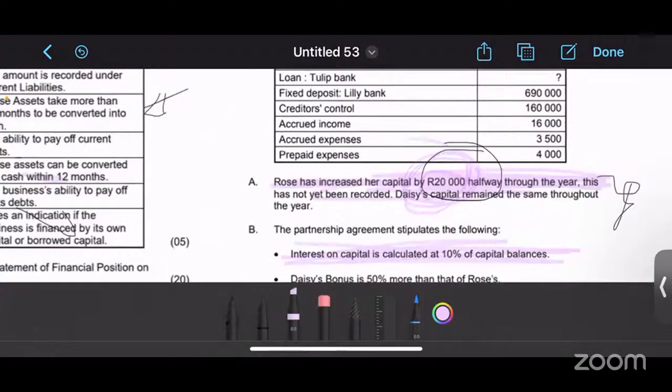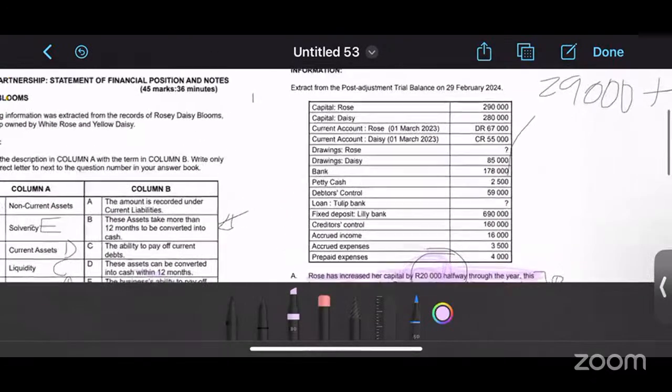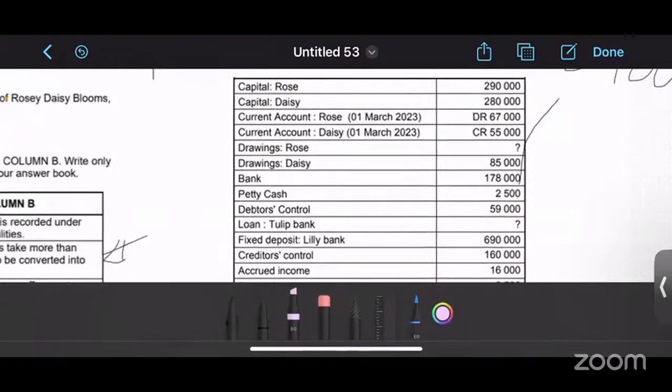So their interest, it's 1,000. For Daisy, it's 1,000. How did you get that? Okay, I first calculated the interest on 280,000, multiplied by 10%.